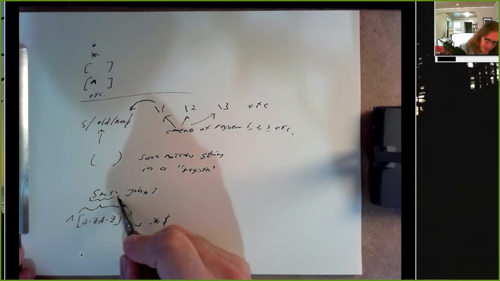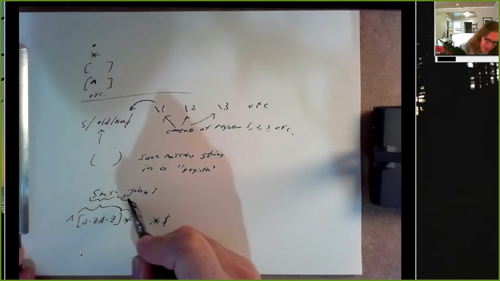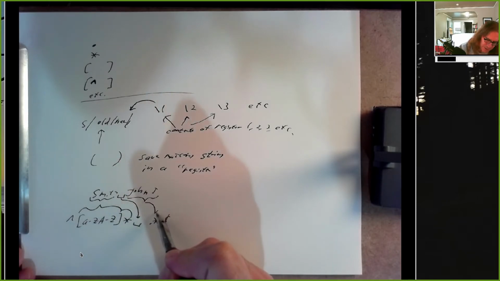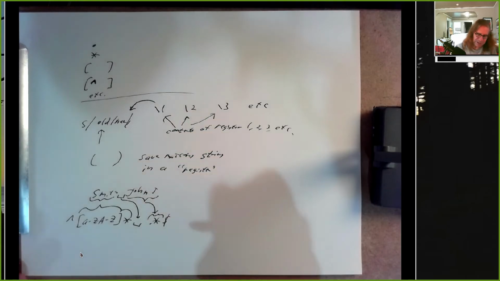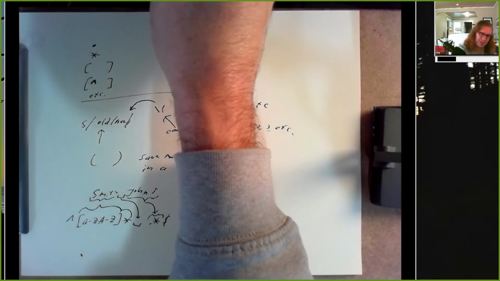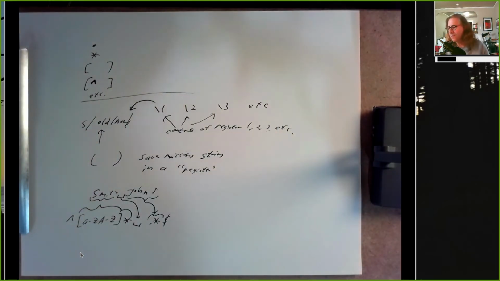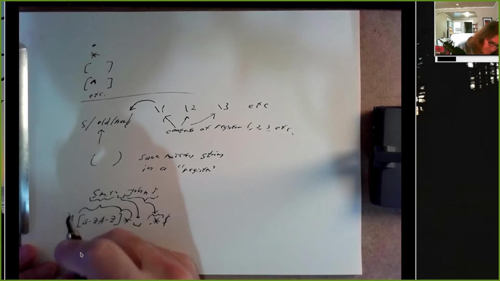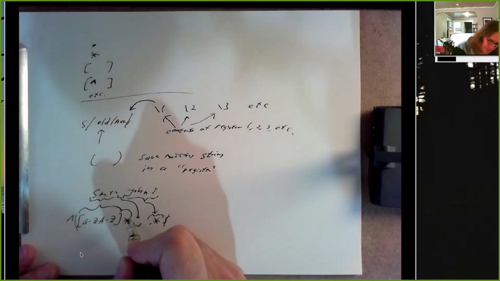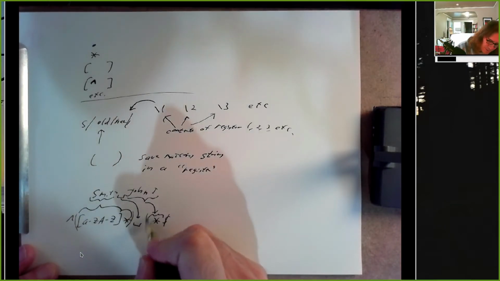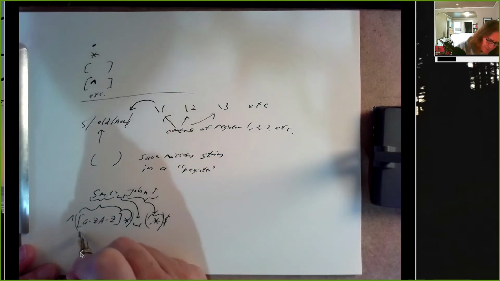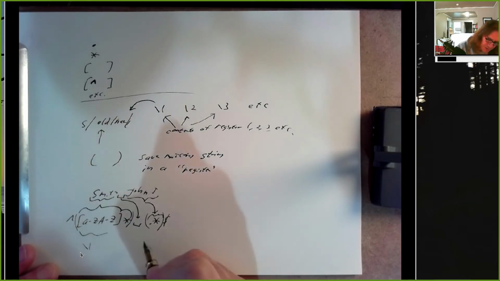The space is going to match the space, and all the rest of this is going to match the dot star. And by putting these things in parentheses, and I won't draw my escapes on my parentheses, this is going into register 1, this is going into register 2.